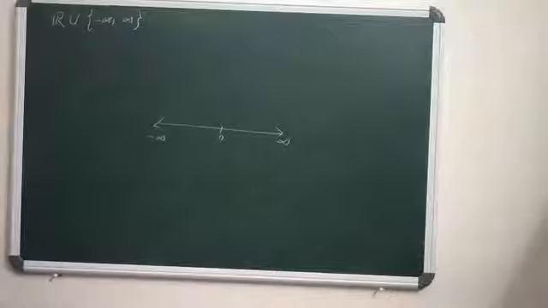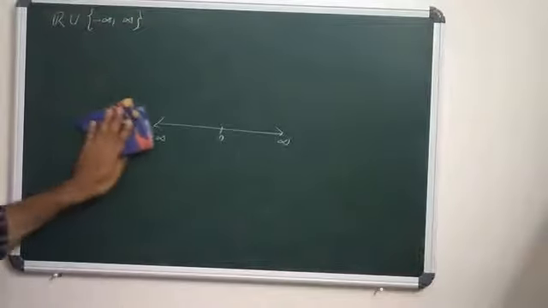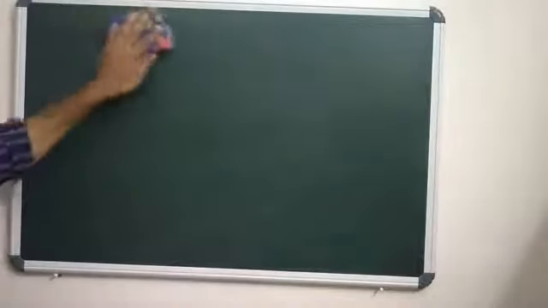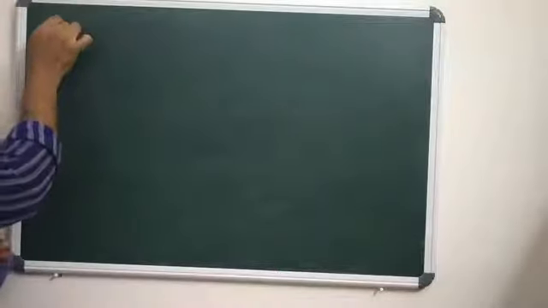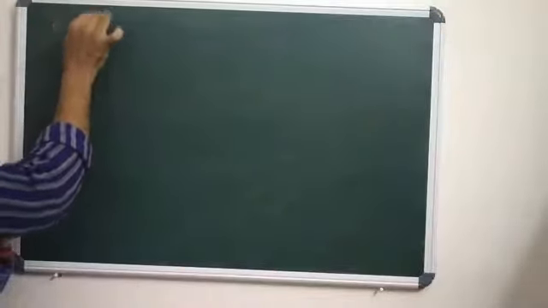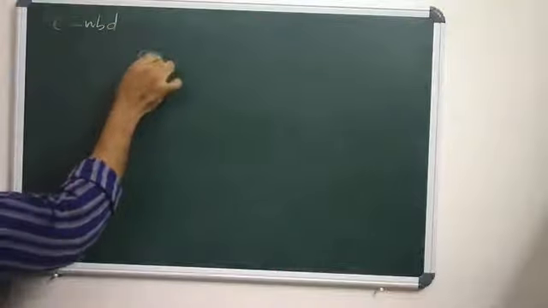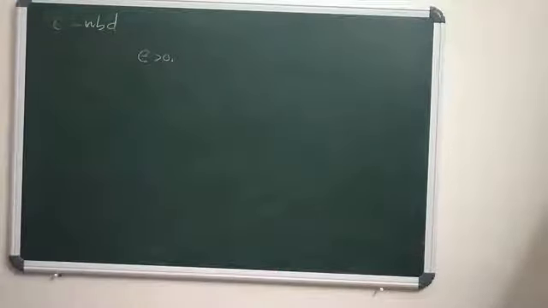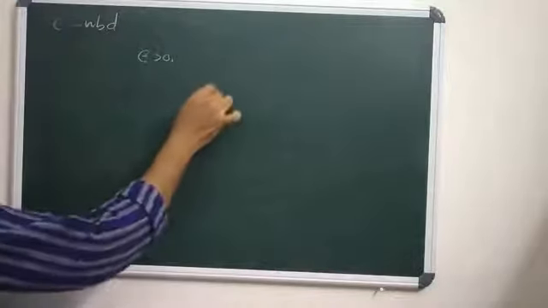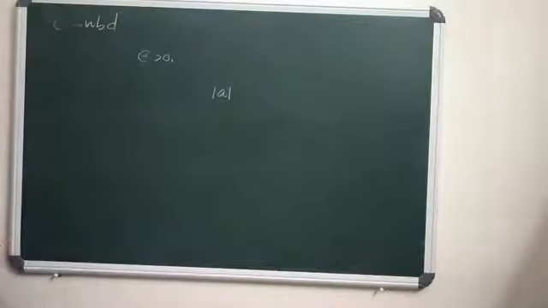Now let us consider what an epsilon neighborhood is. What is epsilon? Epsilon is always treated as a sufficiently small positive number. And what is modulus of A? Mod A, the absolute value of A. We already defined it as mod A equals A if A is greater than 0, minus A if it is negative, and 0 if A equals 0.